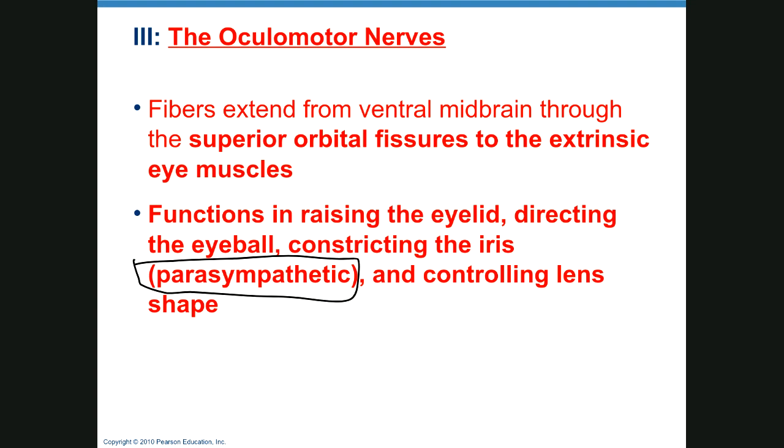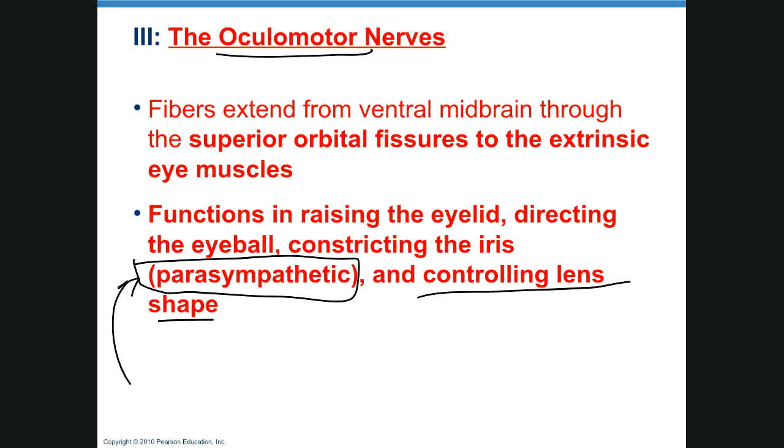So when we read, our pupils constrict because this is the nerve that innervates the pupillary constrictor. We control the lens for close vision. So again, reading, close vision, and pupillary constriction are all functions of this nerve, and it is all under parasympathetic control.